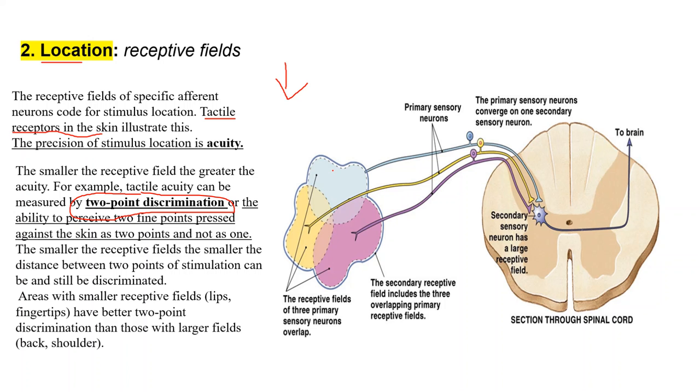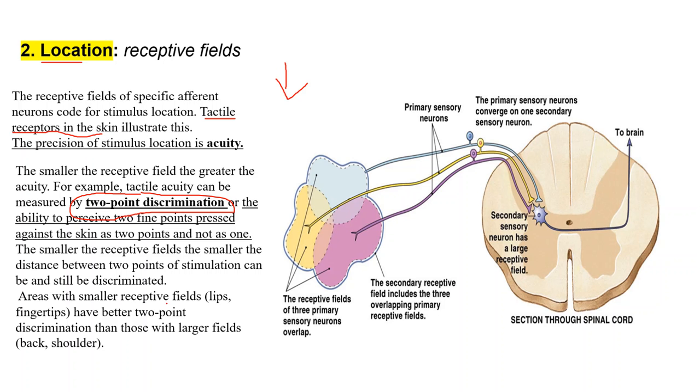Areas with smaller receptive fields have better two-point discrimination. What can these areas be? These are the areas where you can distinguish the precision of stimuli better. For instance, lips or fingertips, it makes sense.